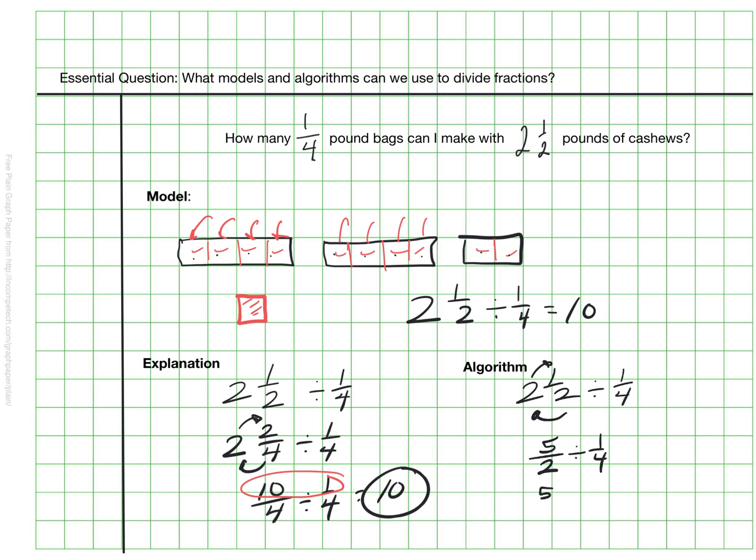To do that, I'm going to do 5 halves times 4/1. And we've practiced multiplying before, right? Once we have a multiplication question, we know that we can multiply straight across, so 20 is our numerator, and 2 is our denominator, and wouldn't you know it, I get 10 that way as well.